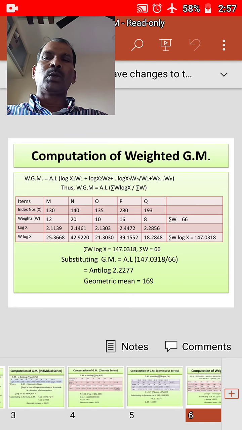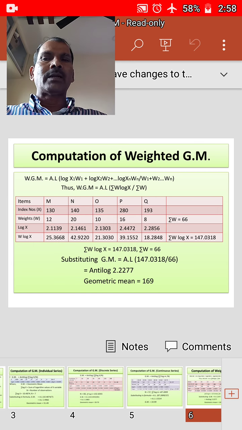The formula is: WGM, weighted geometric mean, is equal to antilog of log x1 into w1 plus log x2 into w2 plus log x3 into w3 up to log xn into wn, divided by w1 plus w2 plus w3 up to wn.